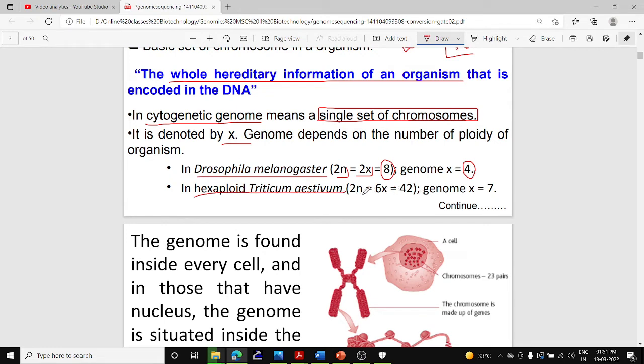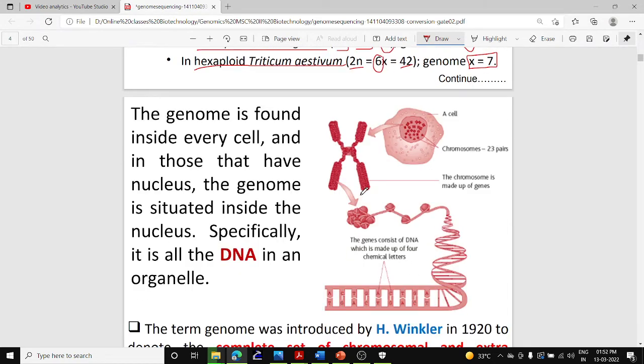If you ask how many pairs in the basic set, 7 pairs of chromosomes are there, and with 6 sets there are about 42 chromosomes in the hexaploid.